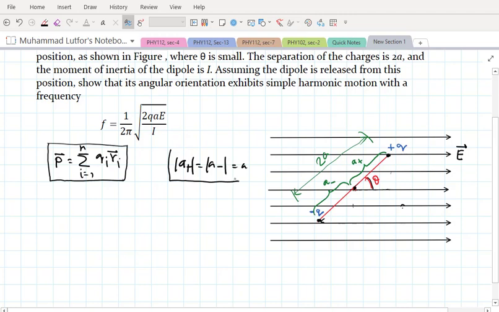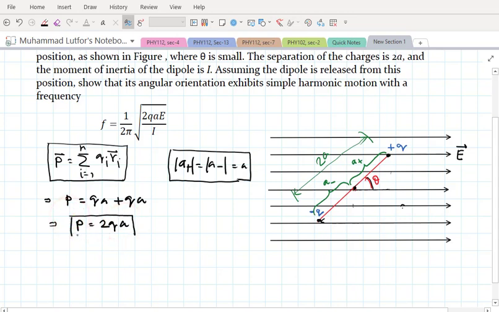If that is so, then the electric dipole for this system, taking just the magnitude and not the vector, is qa for the positive charge plus qa for the negative charge. Then the electric dipole p would be twice q into a, right?